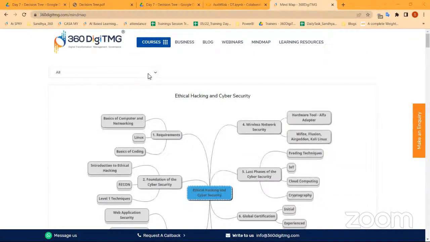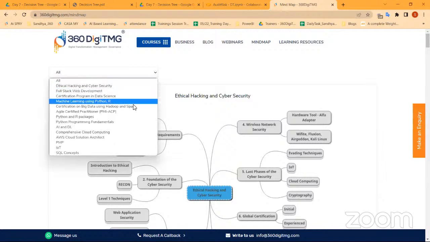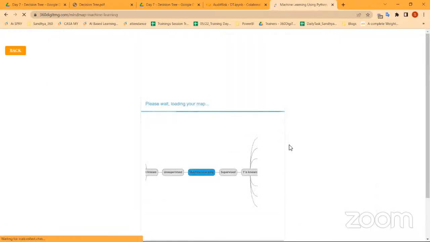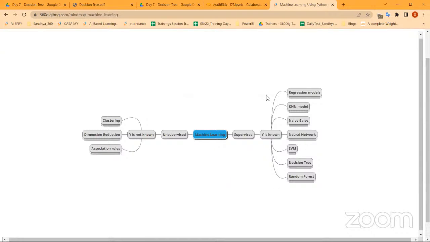Then you have a simple search bar and you can select machine learning using Python and R. You just need to select or double click on that. So you will be able to interact with this mind map. So in machine learning, today we are learning the decision tree, which is nothing but a supervised technique.